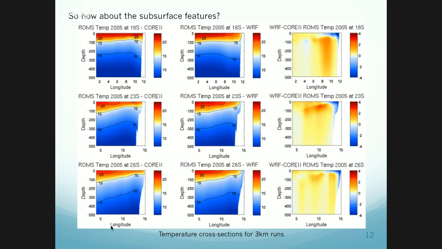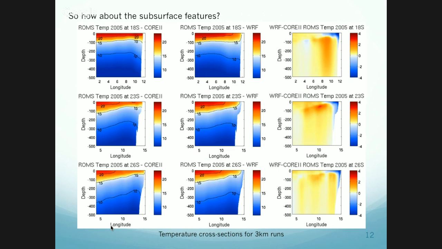We're looking at differences, the bias, both in temperature? Yeah, temperature. So you just superposed on the difference field the isotherms from one of the fields? What are the contours? The contours are the temperature.